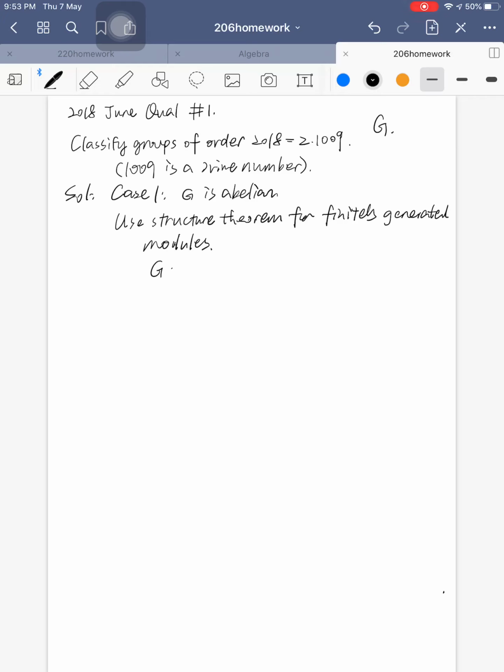And we know that G should be isomorphic to Z mod MZ, direct sum with Z mod NZ, where M and N are prime powers.